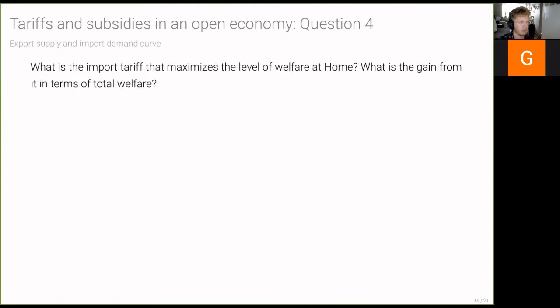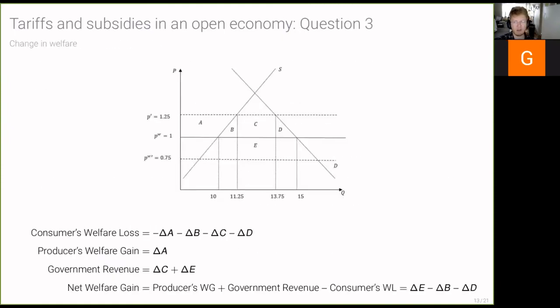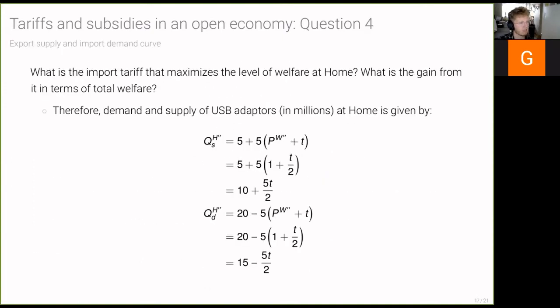And so in order to do that, one of the first parts is I want to figure out the quantity demanded and supplied by domestic producers. So all I'm going to do is go back to my standard equations of supply and demand for domestic producers and consumers, and plug in my new world value.